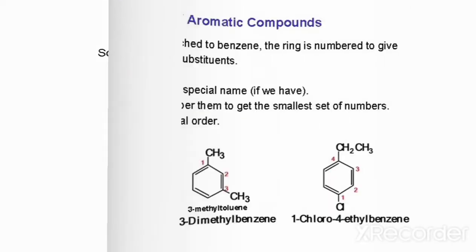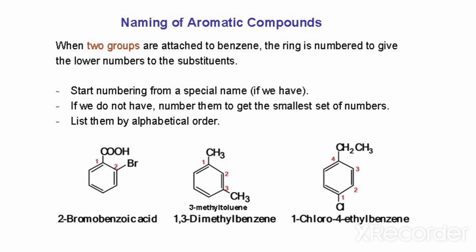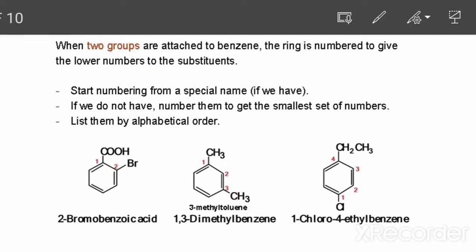The next is naming of aromatic compounds when two groups are attached to the benzene ring. Before naming the ring, we will write the numbers, that is, we number the compound with the least number, as we will see in the first compound.